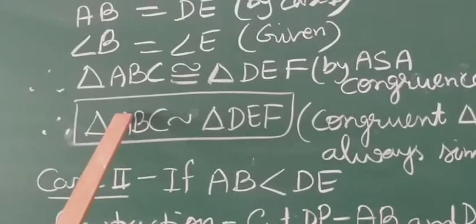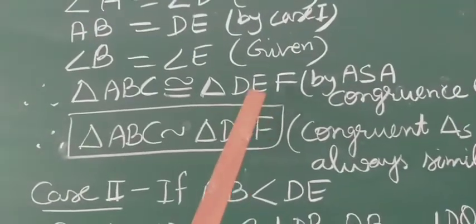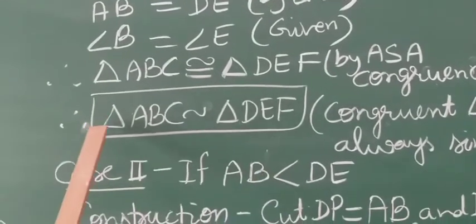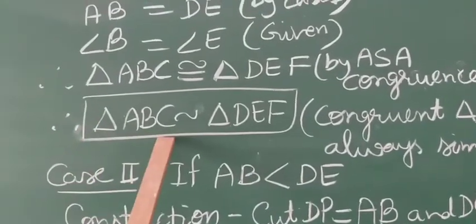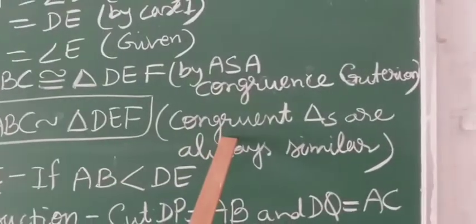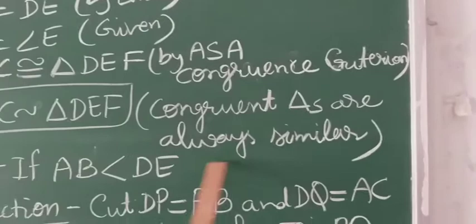So student, when triangles are congruent, then we know that triangles are similar. Then we can say triangle ABC is similar to triangle DEF, because congruent triangles are always similar.